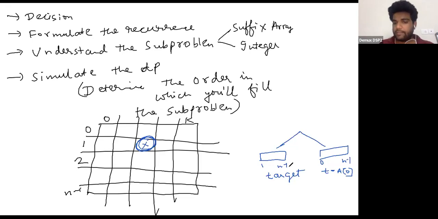You have two possibilities. If you don't take it, you are filling it from this row, right? You are filling this value, the same target for 1 to n minus 1. So when you are at a given i to n minus 1, for the same target, you are filling from i plus 1 to n minus 1. Right? So this is one value that you are using when you want to fill this. Everyone understands this?